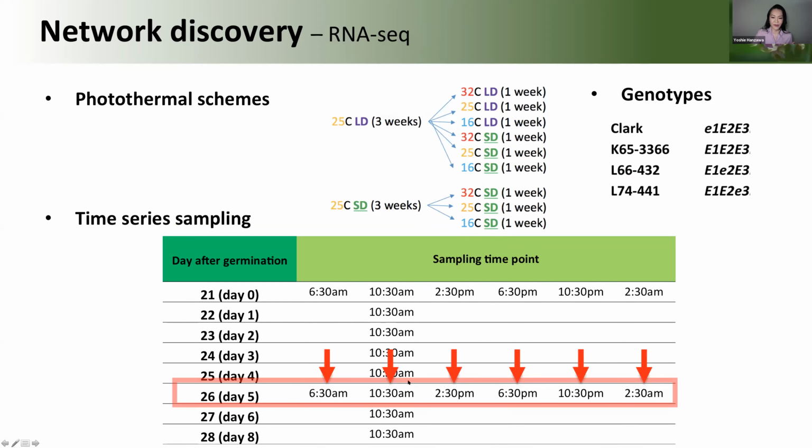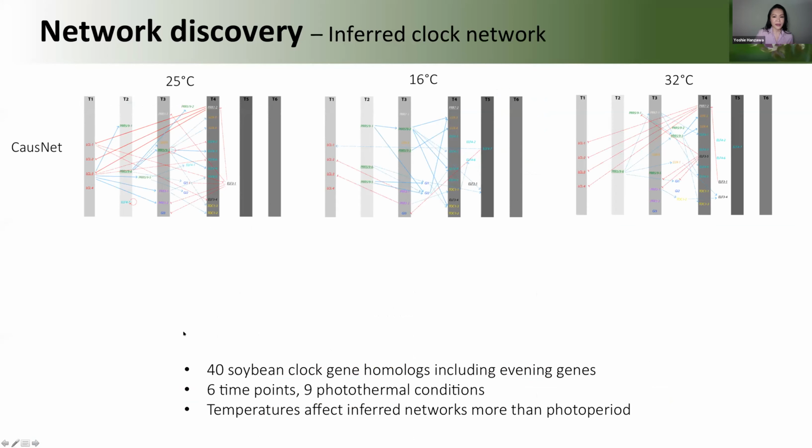So we started to use 6 time points, and we did the same with COSNET. We ran COSNET on 9 photothermal conditions: 3 photoperiod and 3 temperature conditions.